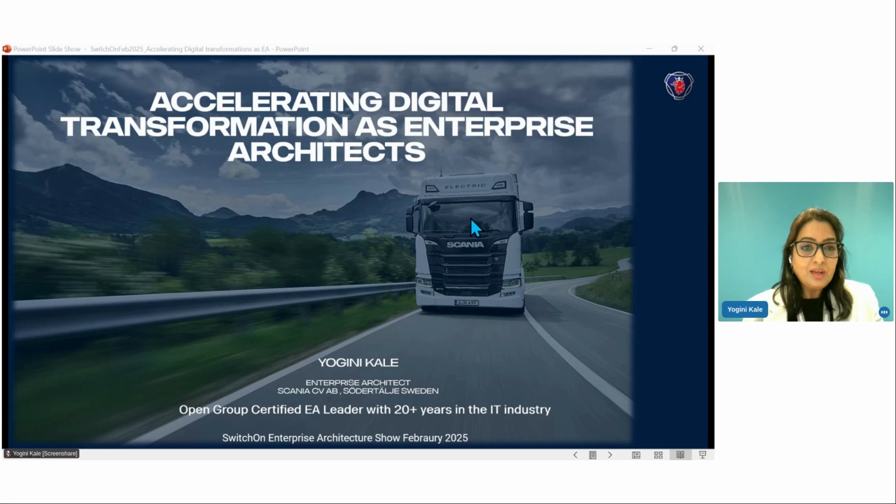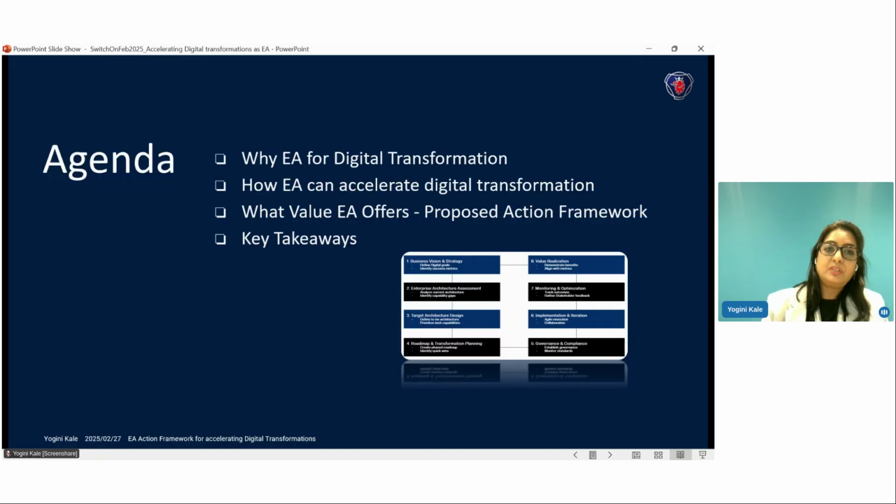So let's dive deep into the agenda for today. We will first discuss why we need enterprise architecture for digital transformation, how enterprise architects can accelerate digital transformation in their organizations, and what value EA offers.